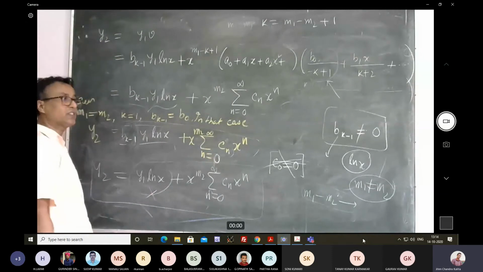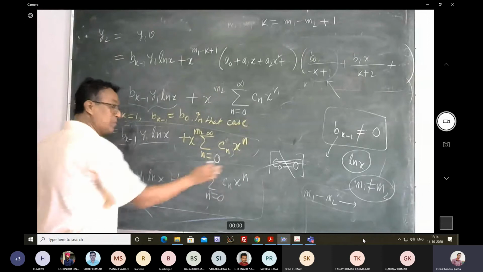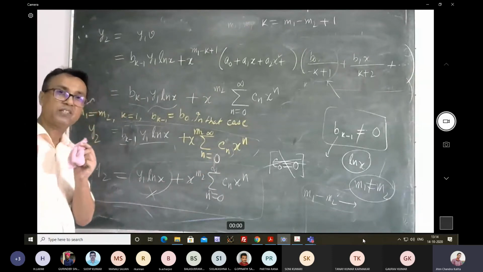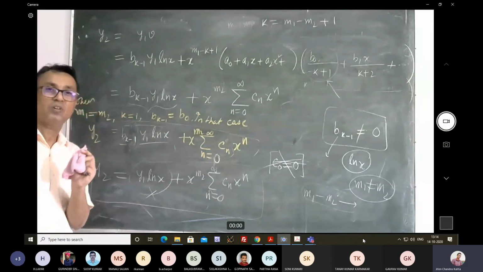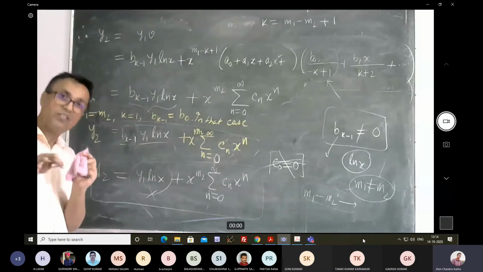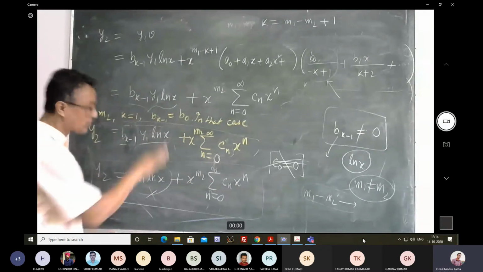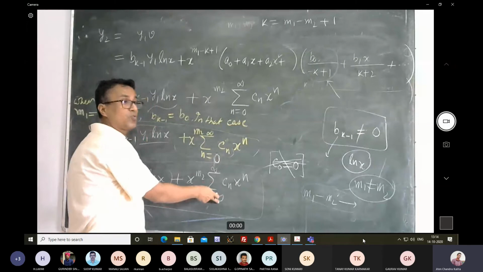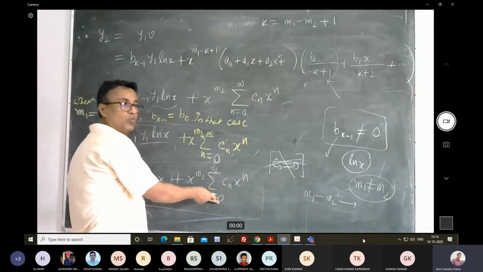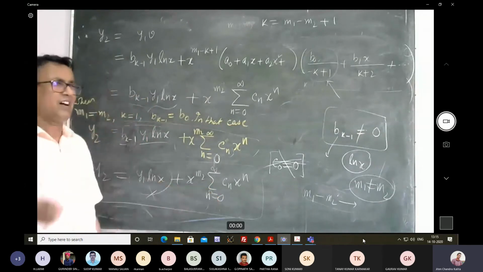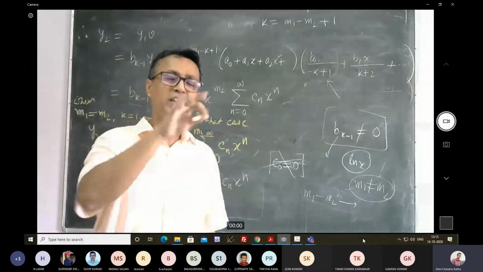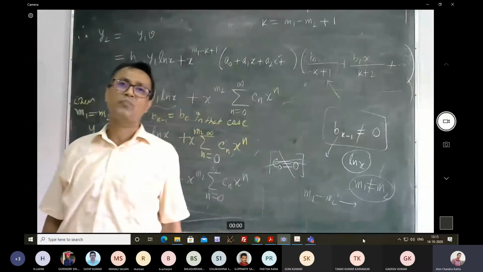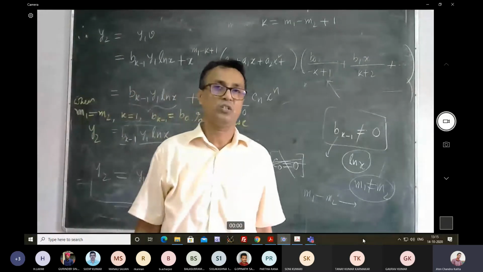So in case b_{k-1} is not equal to 0, this is always valid. But how are you going to differentiate the cases when m1 equals m2 and when they are not equal? So according to me, in that case this is going to start from n equals 1 when m1 equals m2.